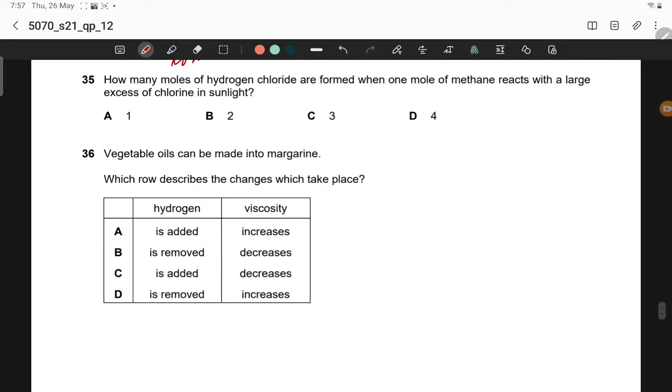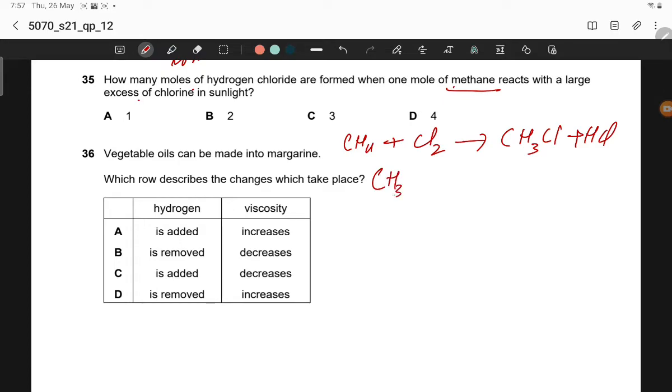How many moles of hydrogen chloride are formed when 1 mole of methane reacts with a large excess of chlorine? So in methane, all hydrogens are substituted by chlorine. So these are the reactions: CH4 plus Cl2 to form CH3Cl plus HCl, CH3Cl plus Cl2 to form CH2Cl2 plus HCl.